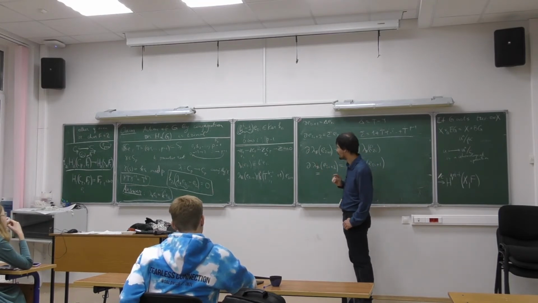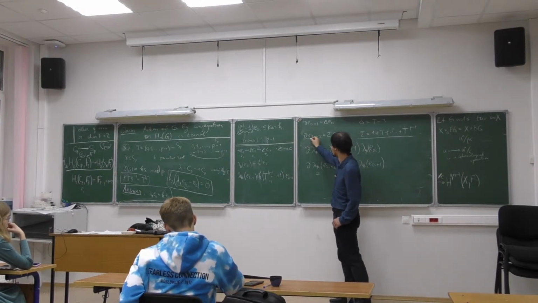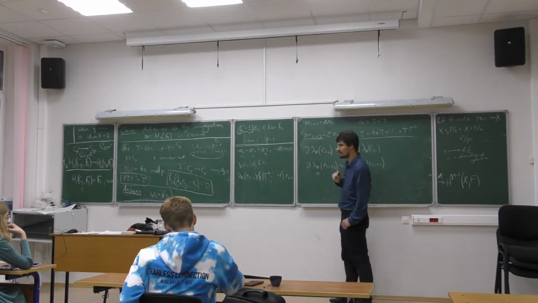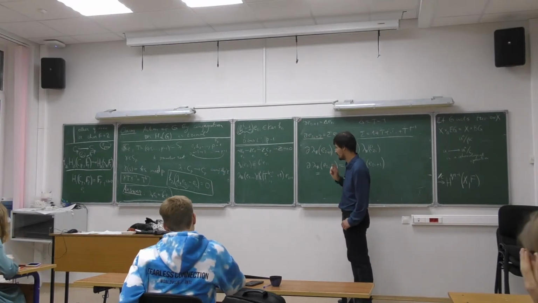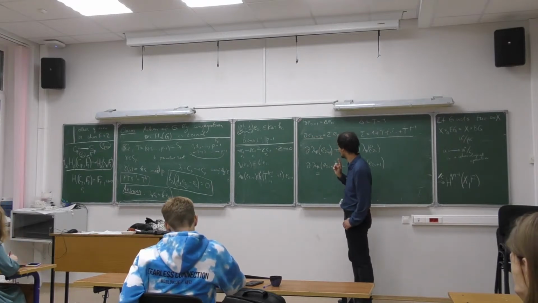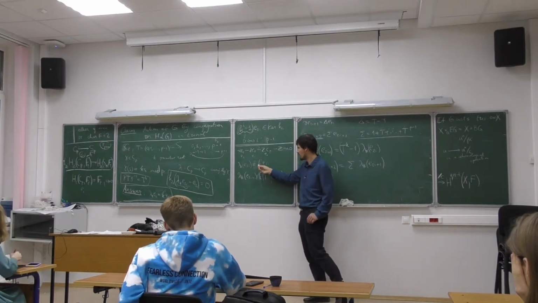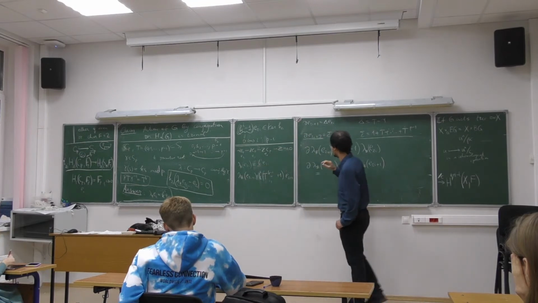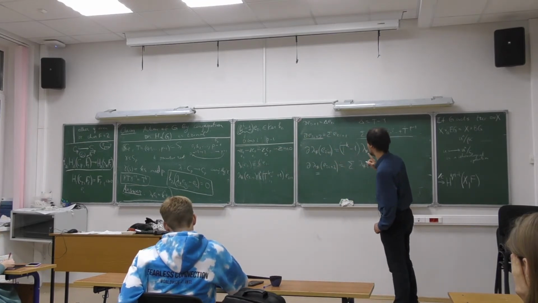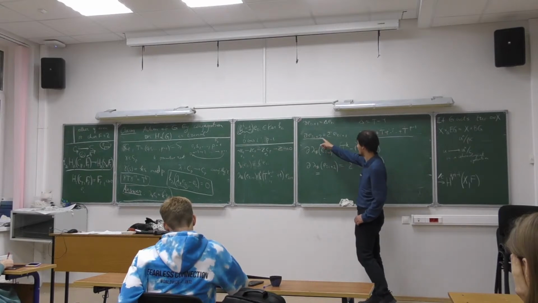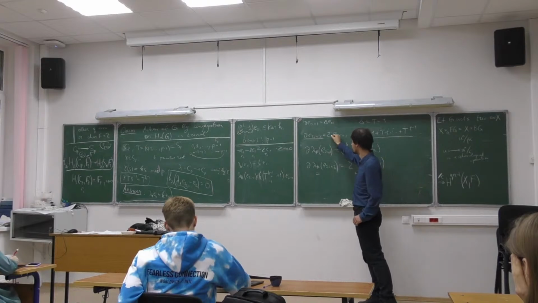Why? Look, if you take the boundary of this odd thing, then this k to the power I, what do we get if we apply sigma to this?